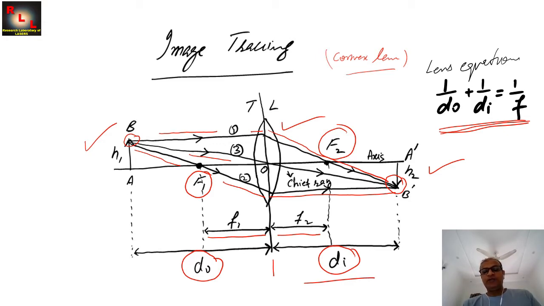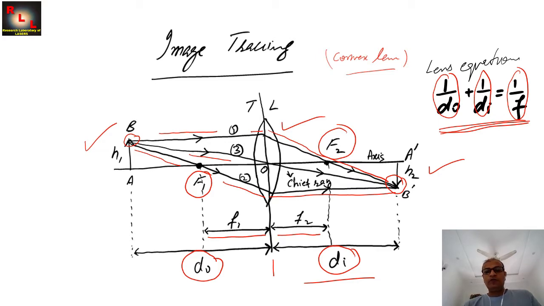Here you can see this is for the object, this is for the image, and this is the focal point. If we know any two values, then we can find out the third one.